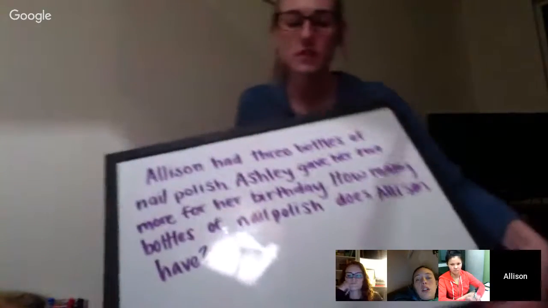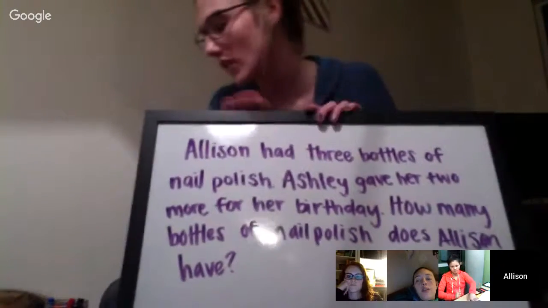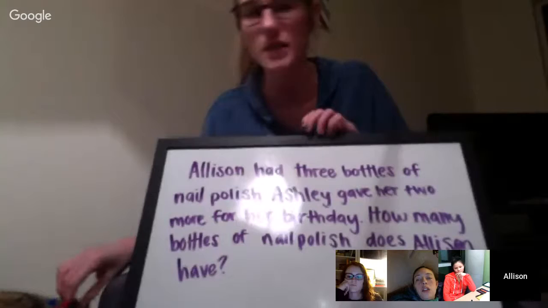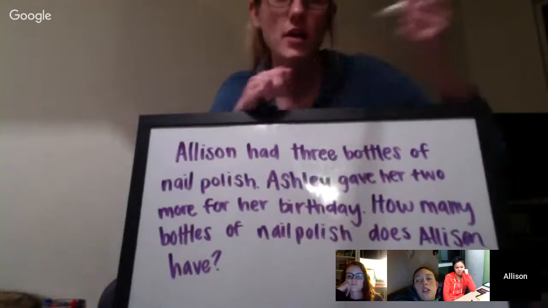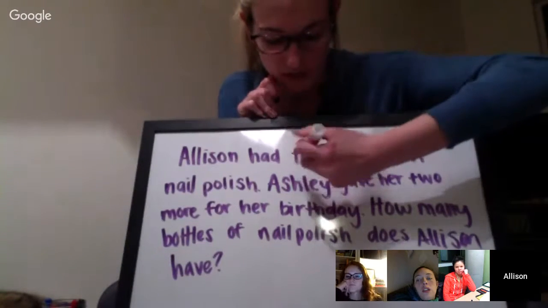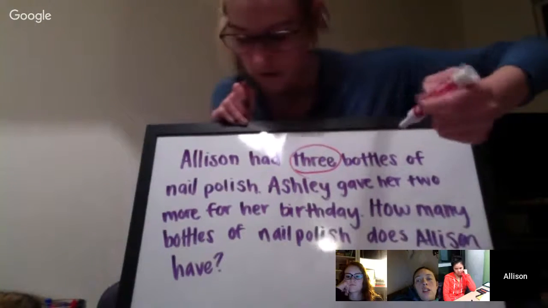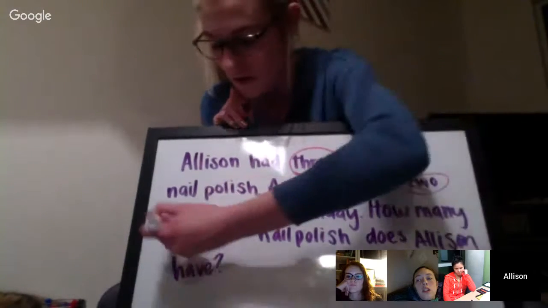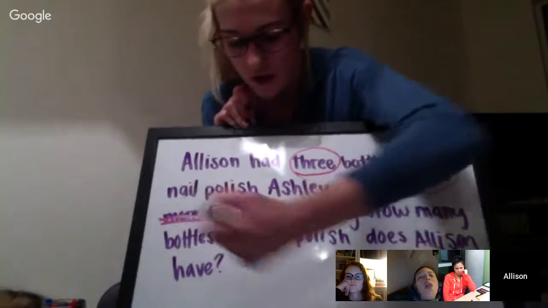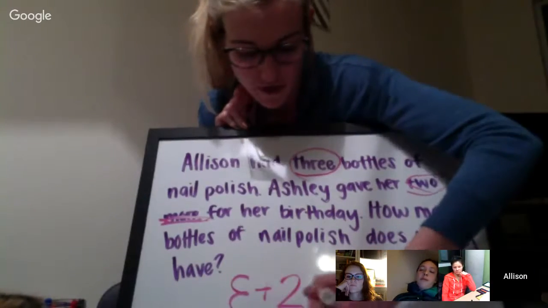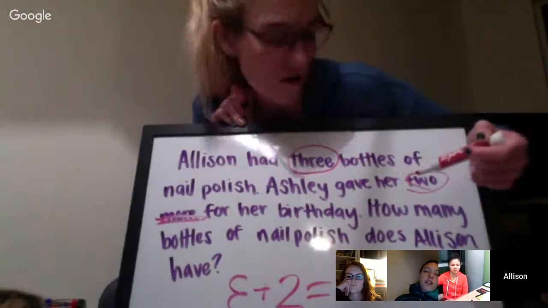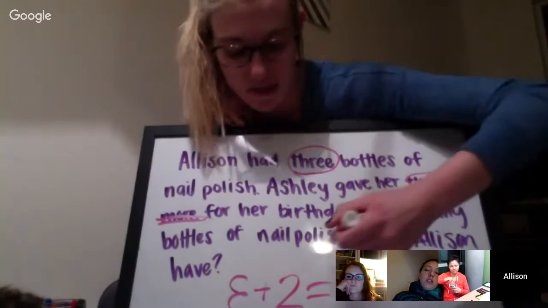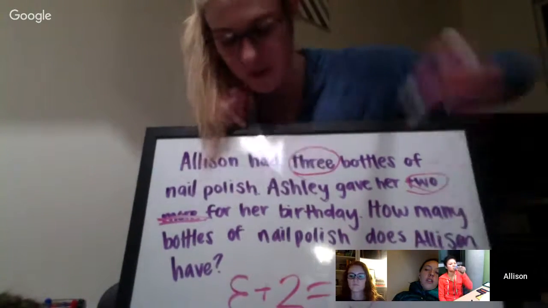You pull from the story. So we go through and circle and see that we know our number words, and Allison has 3, and then Ashley gives her 2 more. So then we know that it's going to be 3 plus 2, and because we've been working on addition, my second graders all know that 3 plus 2 is 5.